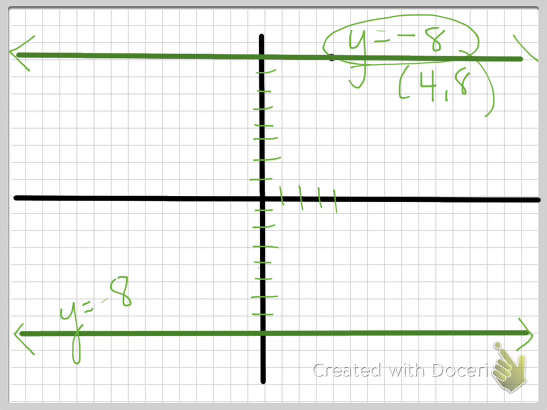There it is. Now, if this line has an equation of y is equal to -8, what is the equation of this line? What was the y value of it? It was 8. Y is equal to 8. That's the equation of that line.